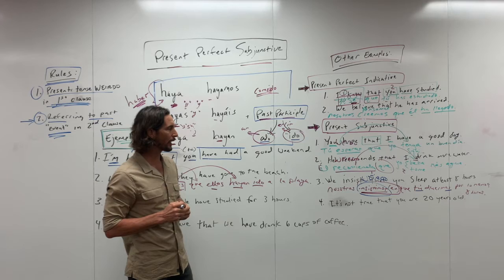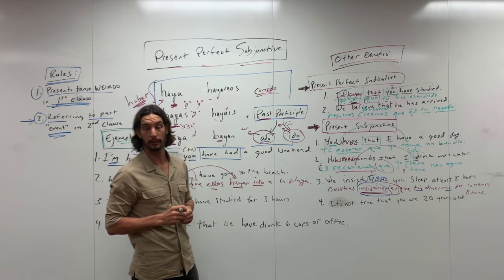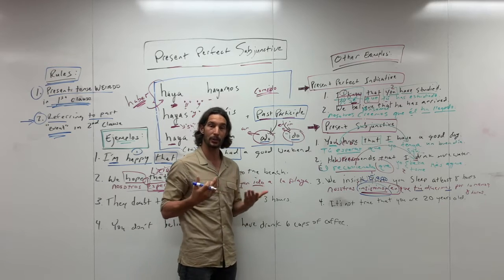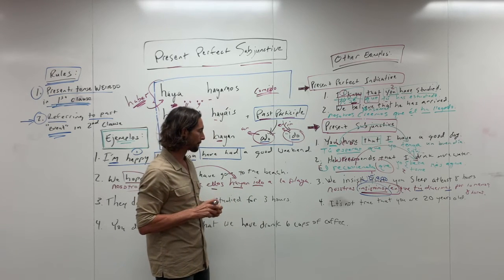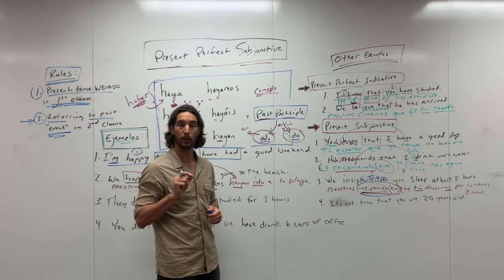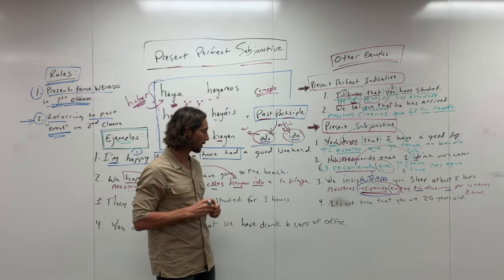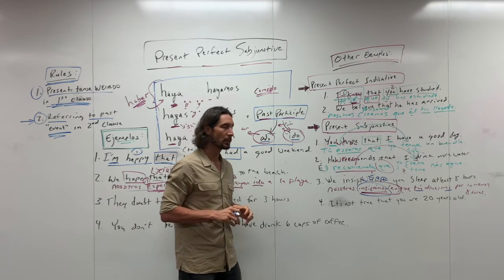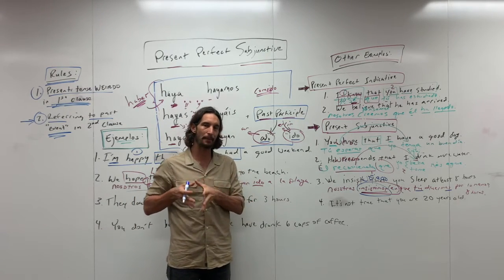It's not true that you are 20 years old. So, or I should say that is not true. What are we going to do here? We're going to use an impersonal expression, which is no es la verdad.